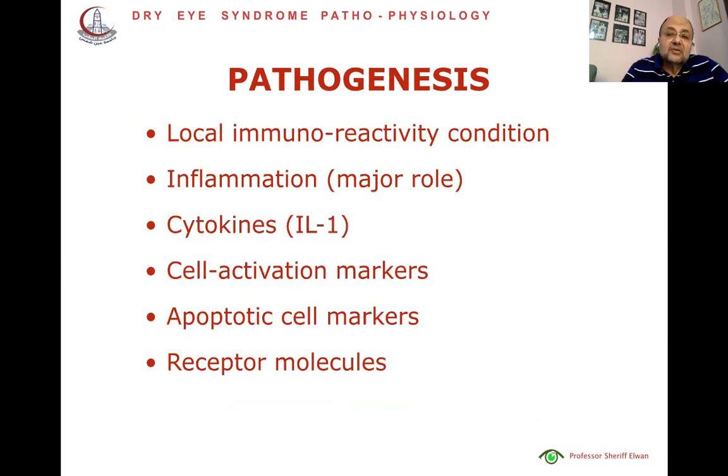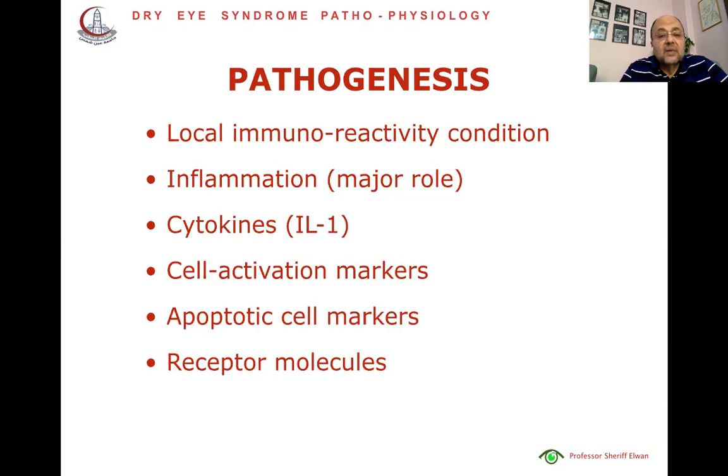There are some factors that interplay in the pathogenesis, and these include immunological conditions that are playing locally in the ocular surface, with an inflammatory process as well, in which cytokines, specifically interleukin-1, play a role.